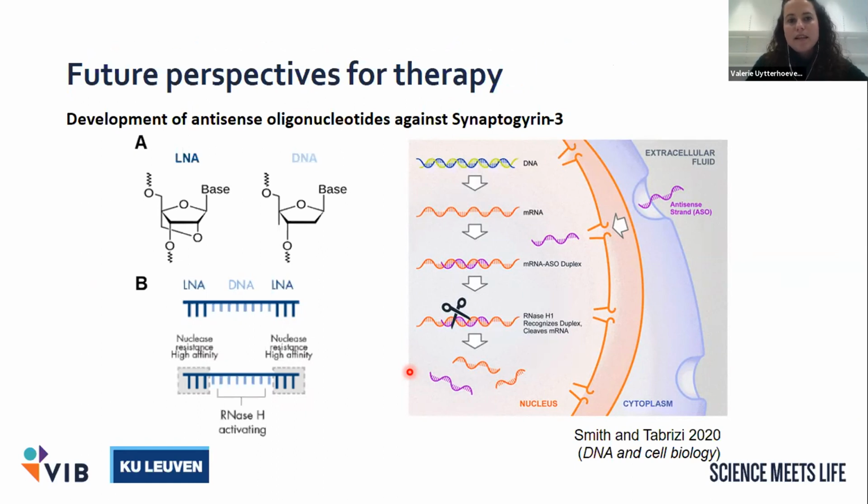And now the next step will be to inject these antisense oligonucleotides against synaptogyrin 3 in the mouse brain and test the effect of these antisense oligonucleotides on memory and cognition and synaptic health.